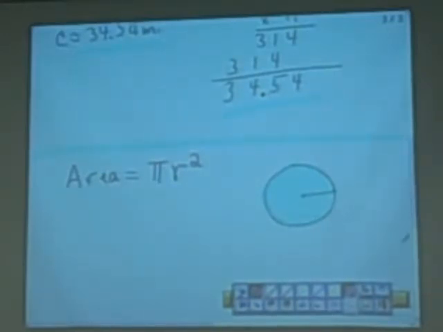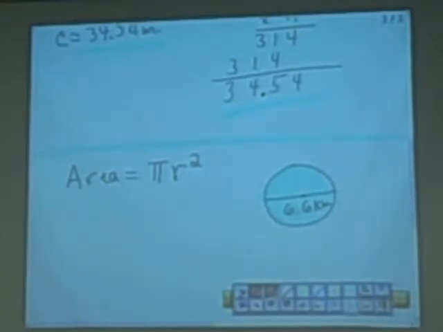Okay, so now let's say our picture has 6.6 kilometers, like that. Now, what does that represent?